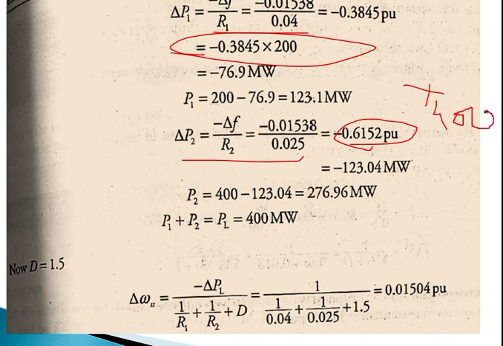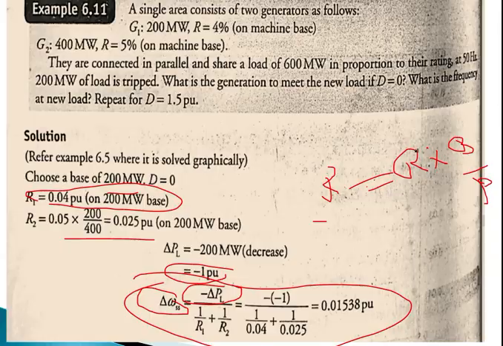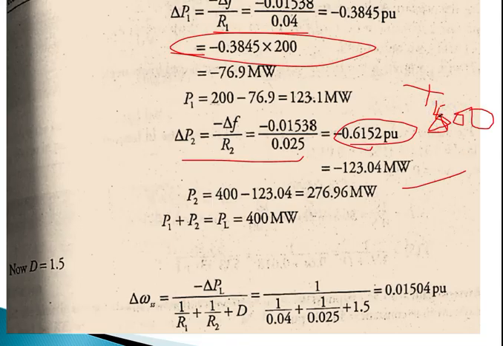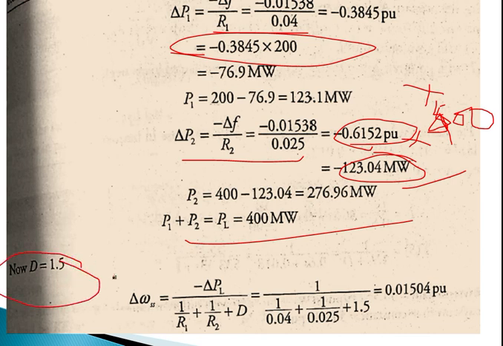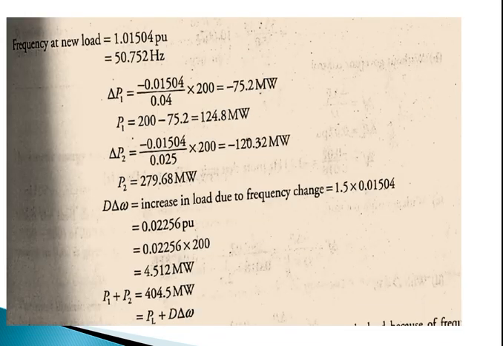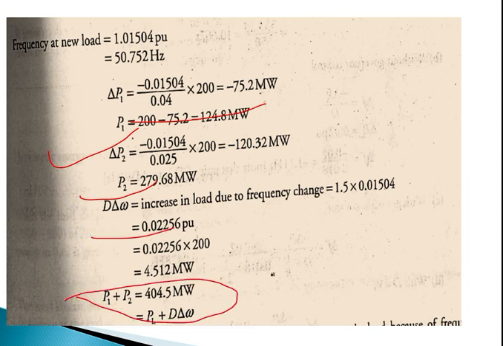Okay, because it is 400 multiplied with 400, we will get this in megawatt. So we get the change in power. For the same problem, if D equal to 1.5, calculate the change in speed. So using these formulas, we will get the change in speed and change in load values.